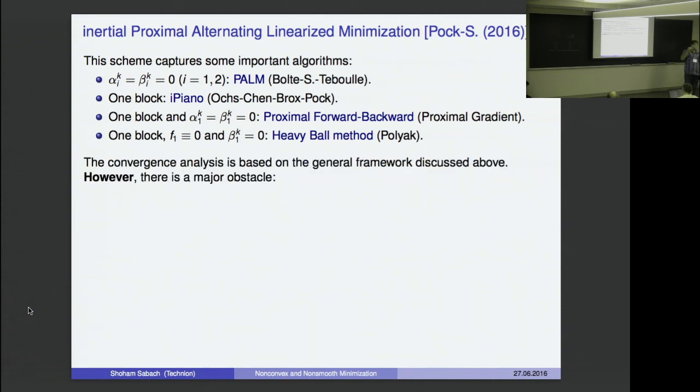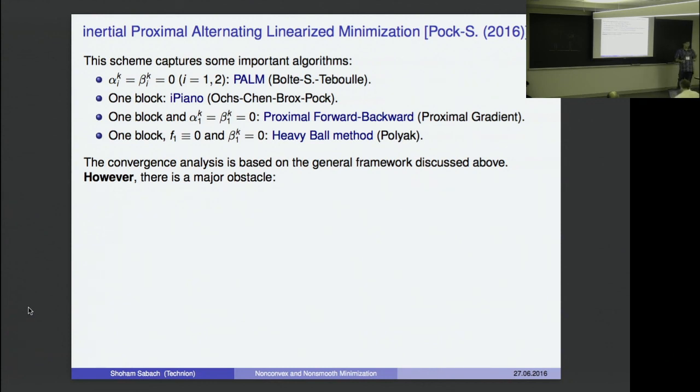Okay, so in general, you would say, let's use the general framework that I showed at the beginning to prove that iPALM indeed converges to a critical point. But there is a problem. The iPALM algorithm is not a descent algorithm. You cannot show that inertial-based methods are sufficient descent methods.